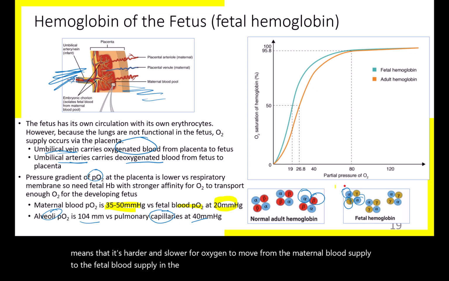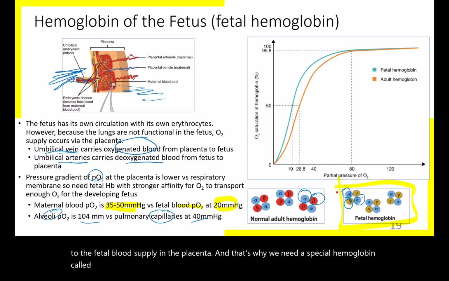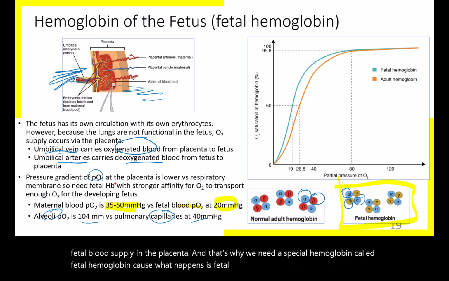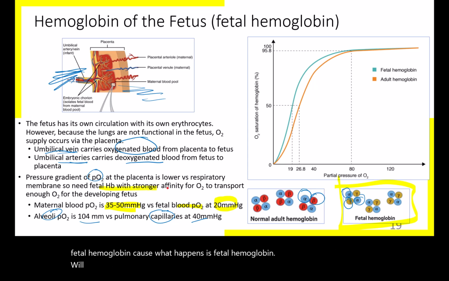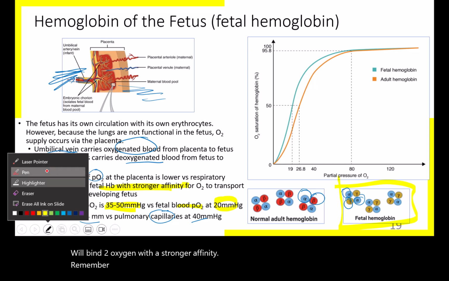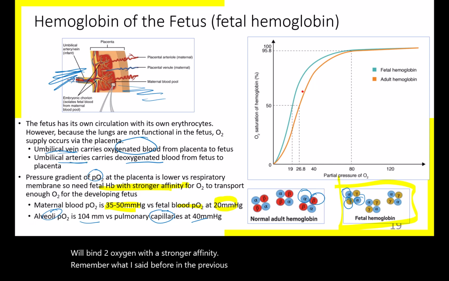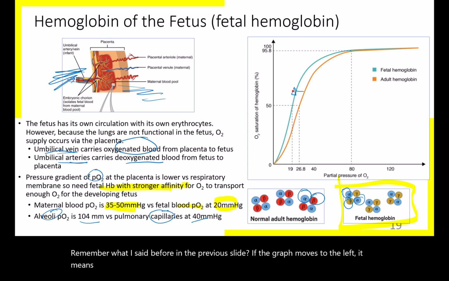And that's why we need a special hemoglobin called fetal hemoglobin, because fetal hemoglobin binds to oxygen with a stronger affinity. Remember what I said before in the previous slide? If the graph moves to the left, it means that the association between the gas and the hemoglobin is stronger.